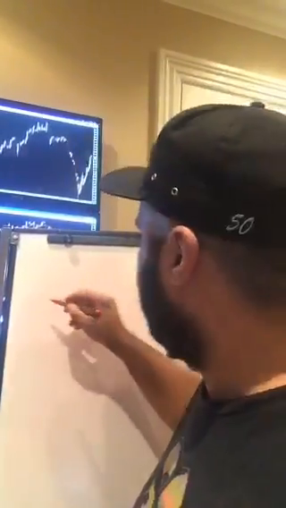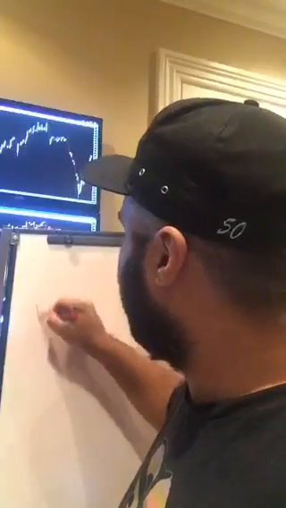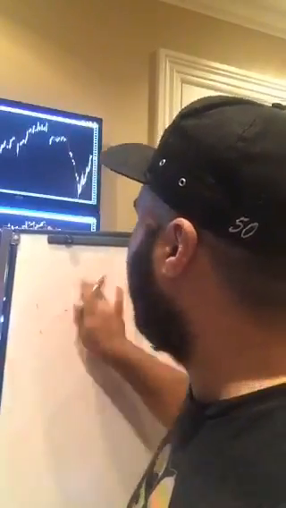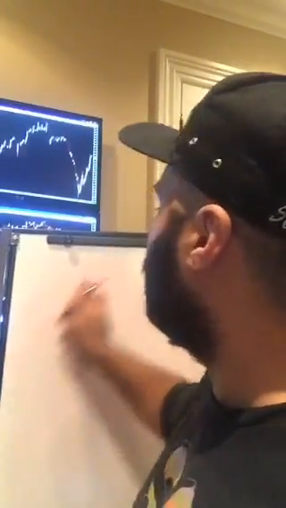So let's say you want to send X amount of dollars, $1,000 or whatever, to a broker, and you want to trade with them. You love this broker. They're local to you.